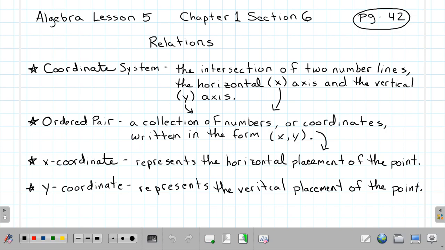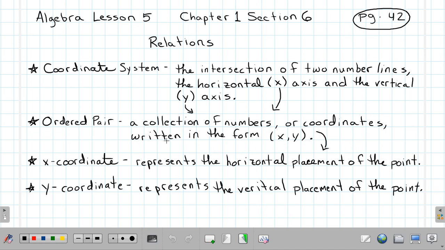The x-coordinate, which is the number in the front of the ordered pair, which is also given by its position on the x-axis, represents the horizontal placement of the point. When I say horizontal, it means how far left or right do I go, or in the case of a map, east or west.